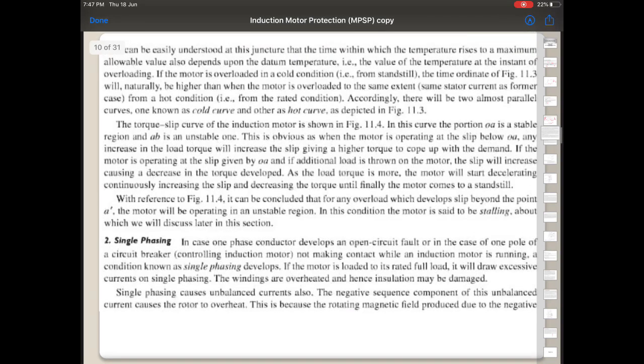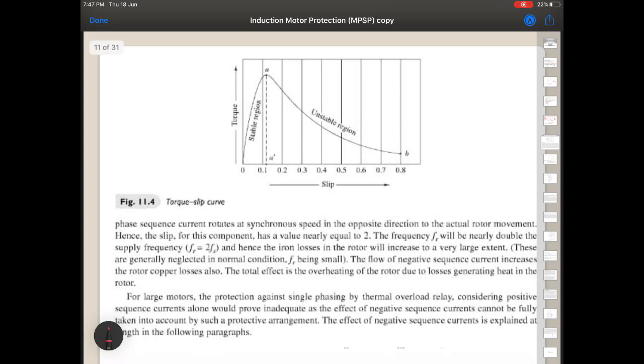Now we have the torque slip curve, so we will understand it now. There is a certain slip here, A dash. This A dash is somewhere between 0.1 to 0.2, for example 0.13 or 0.12, below which the motor will be in a stable region.